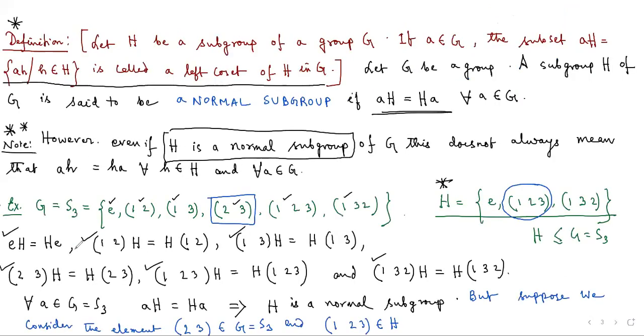So actually, by the following example, I have tried to show you the verification of the result which I have written in the note. That all the left cosets with respect to the elements of the symmetric group are similar to the right cosets. H is the normal subgroup, but there is an element of capital G which is not commuting with the element of capital H, although capital H is the normal subgroup. So that result has been verified.